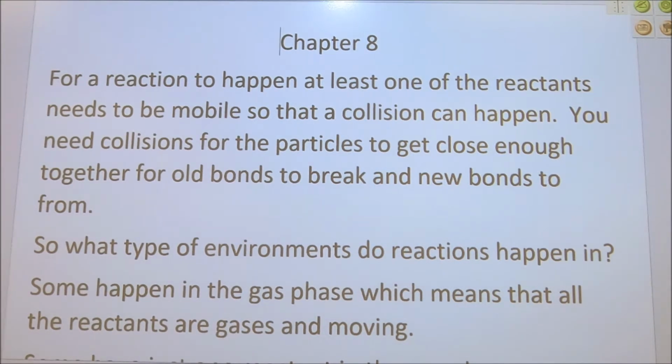So what we have to think about then is what kind of environment our reactants have to be in to get a collision. Okay, what kind of states do my reactants have to be in? Turns out that at least one of the reactants needs to be mobile.